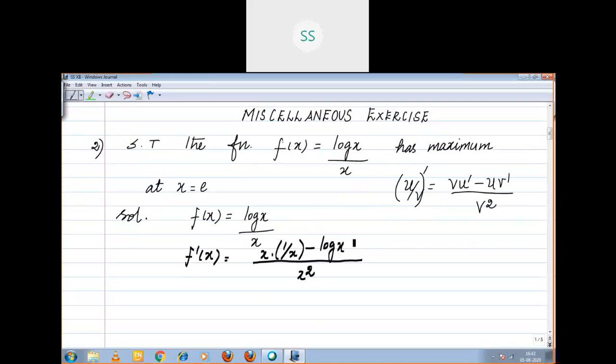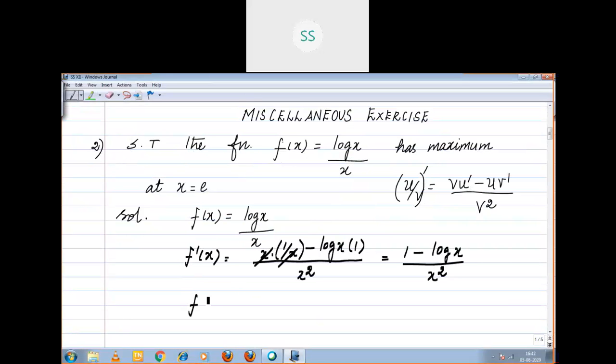When you differentiate x, you will get 1. So x cancels, which is equal to 1 minus log x divided by x square. What is the second step, children?